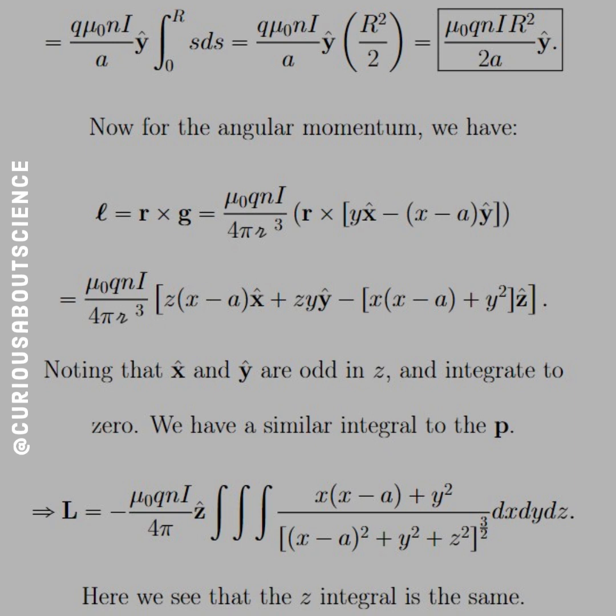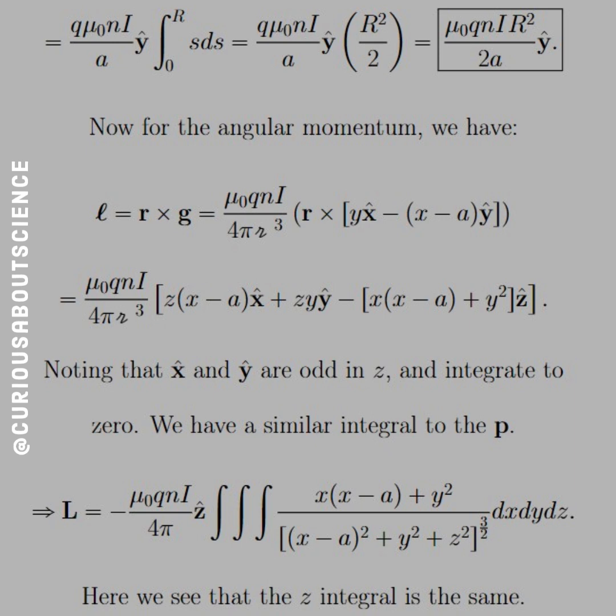Now for the angular momentum, we have L is equal to r cross g, so we plow that through with the cross product again. And as you see, it's still messy, so we'll go ahead and push it through regardless, and be very careful with that cross product, because at this point it's going to get nasty and gross, r being some point in space, of course.